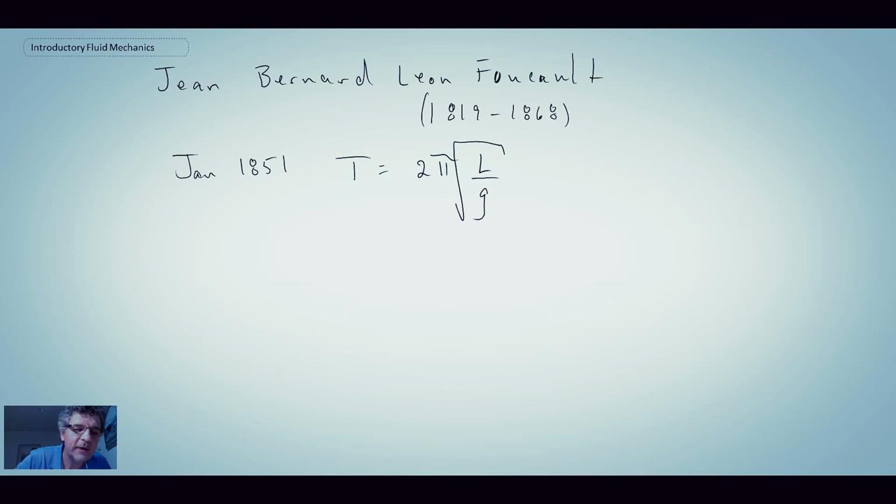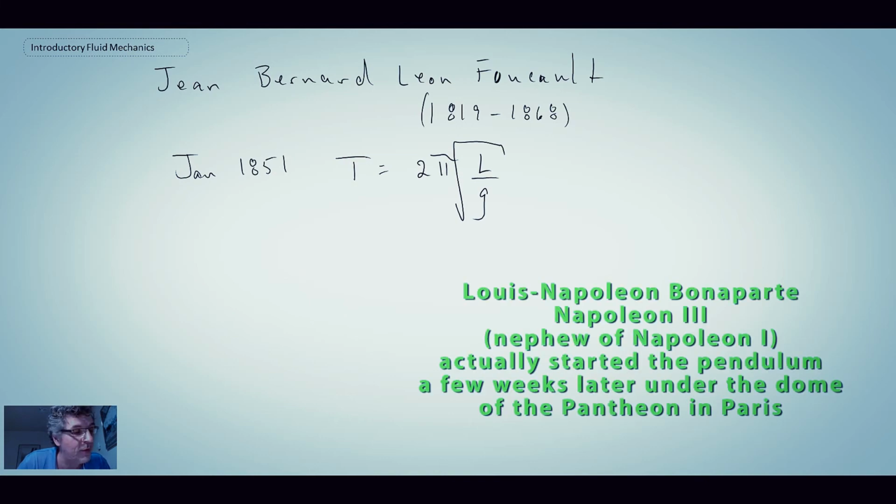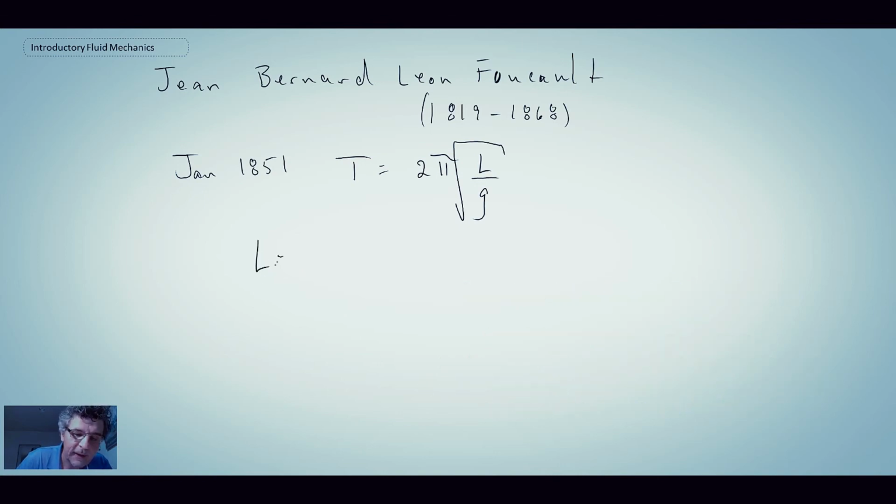So let's quickly take a look at the pendulum in the Museum Arts et Métiers. Now, it turns out that the Paris observatory experiment, the one that Napoleon Bonaparte started, had a pendulum with a length of 11 meters, and with that we can calculate that the period was 6.65 seconds.